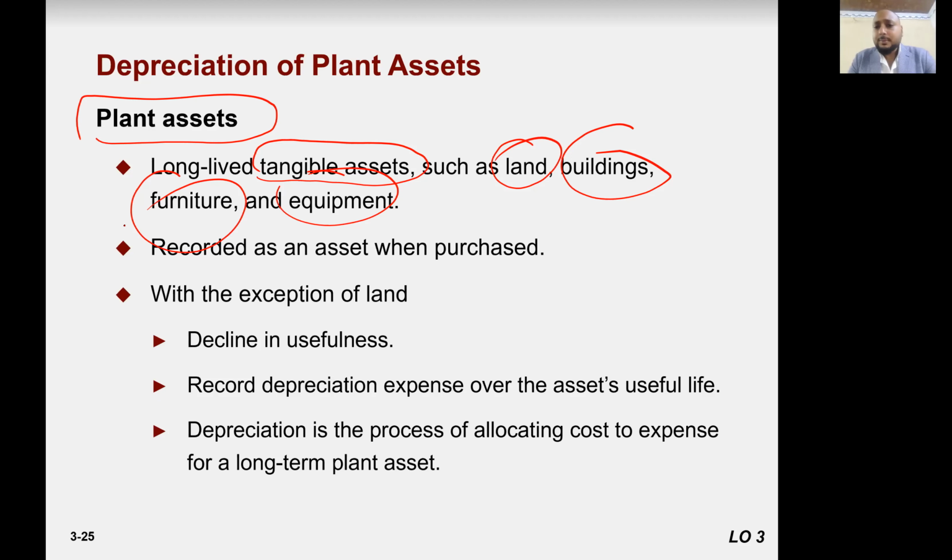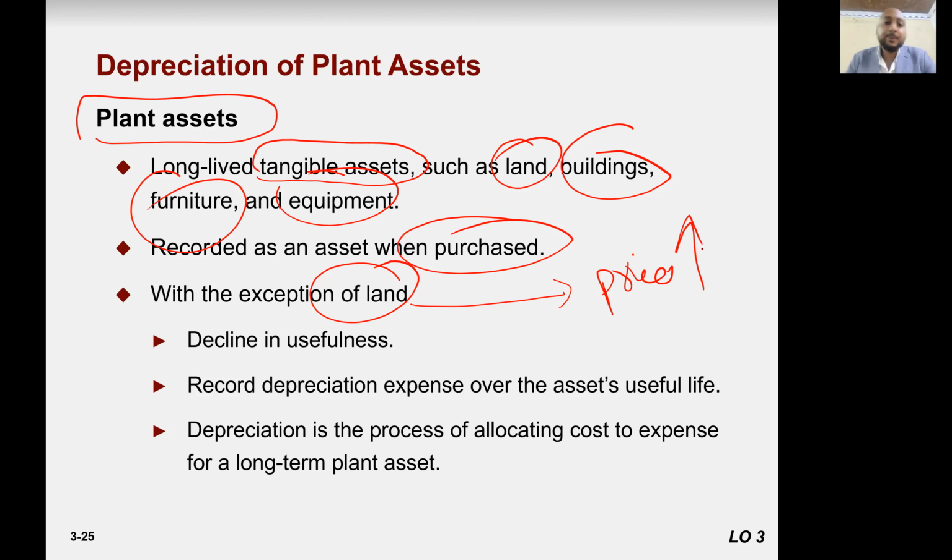The assets are recorded when they are purchased, with the exception of land, because land is not depreciated. The value of land always appreciates because of the limited supply. We cannot increase the supply of land. Land is fixed, so after every year, land market values go up.